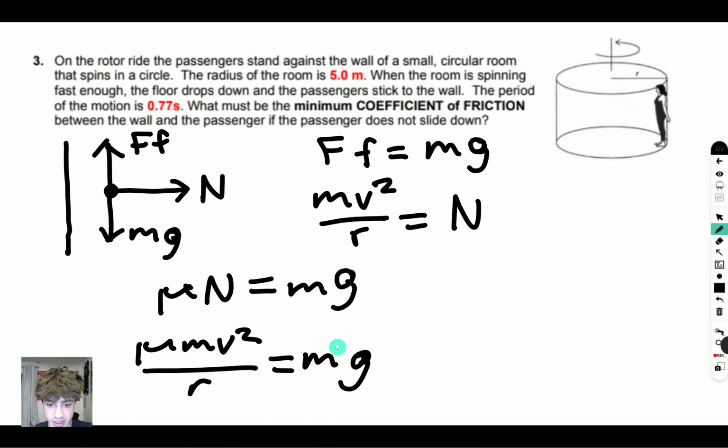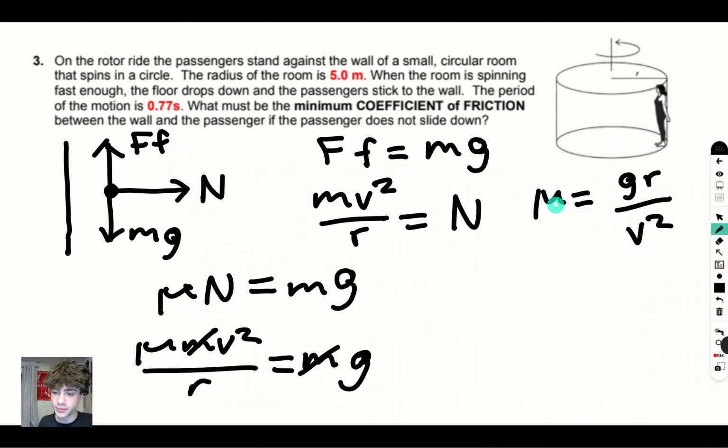From here, we can cancel out the m's, and let's solve this equation for mu. You multiply by r, divide by v squared, and you get that mu is gr over v squared.